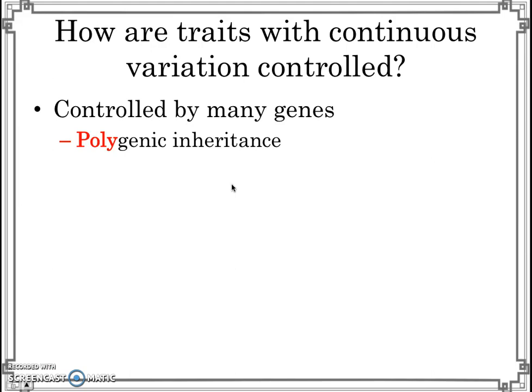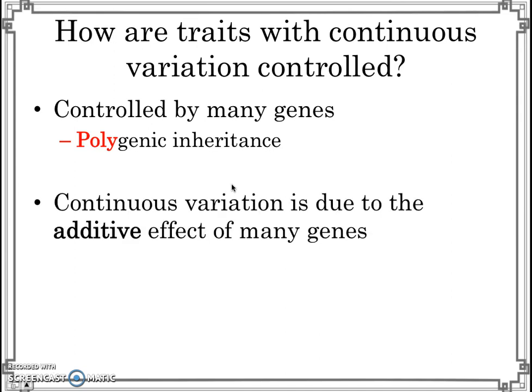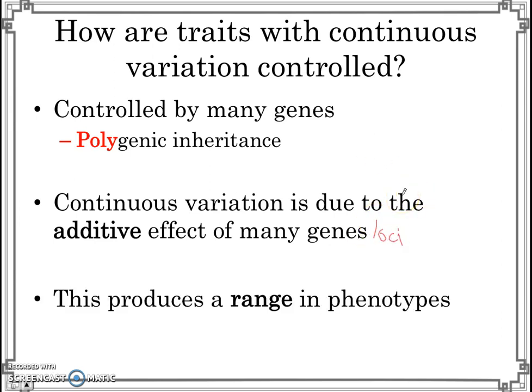So it's actually controlled by many gene loci. Continuous variation is due to the additive effect of many gene loci, or many gene positions. Let me show you an example in the next slide. It is this additive effect that produces that range in phenotypes.